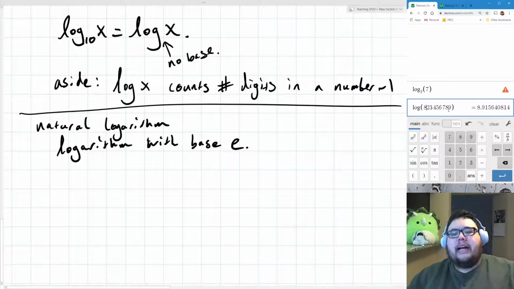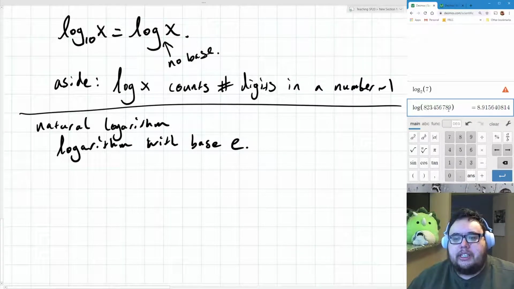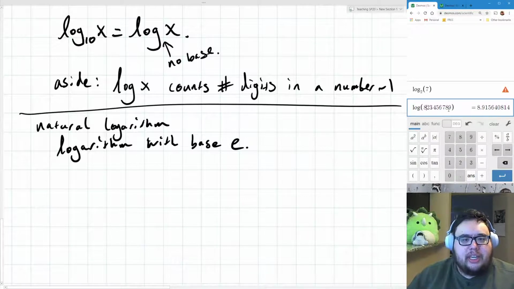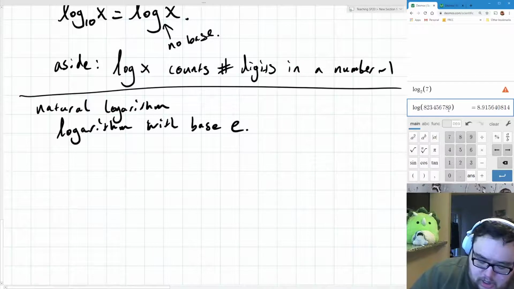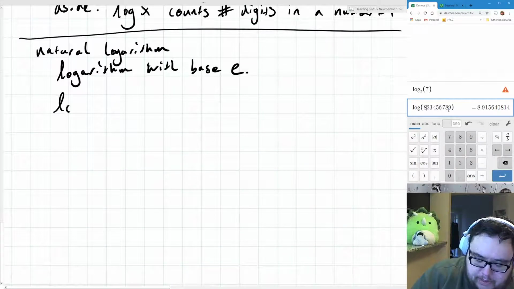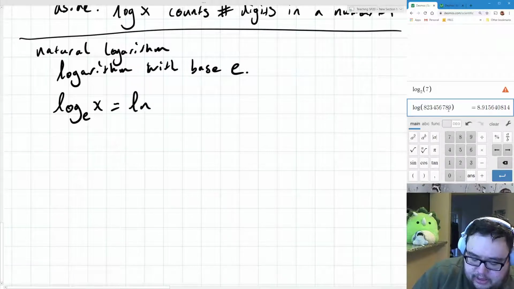The natural logarithm, e, is a very important special thing, and it's an important logarithm to be able to be flexible with in calculus. It's the one logarithm that we actually need to know how to deal with in a calculus setting, and all the other logarithms with different bases are developed from this logarithm. So the logarithm with base e, we write log base e of x as ln x.